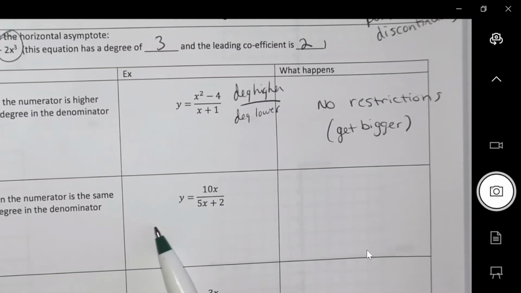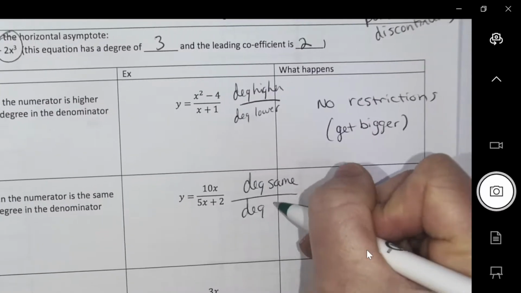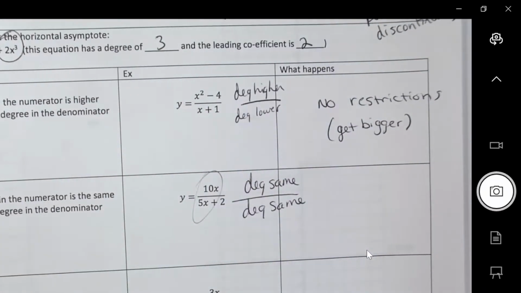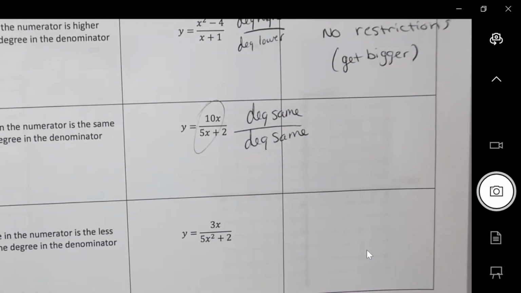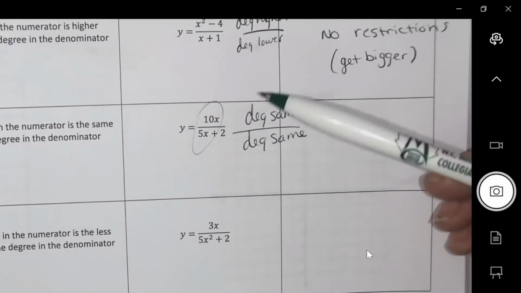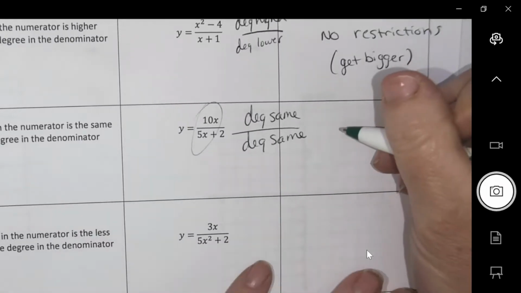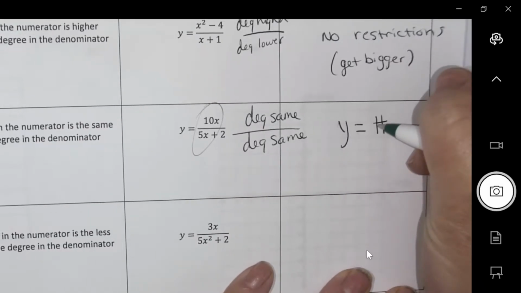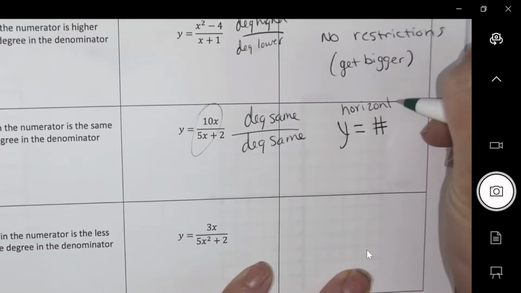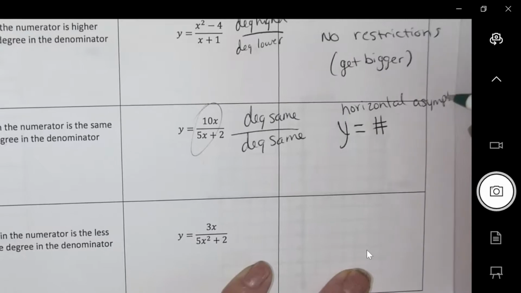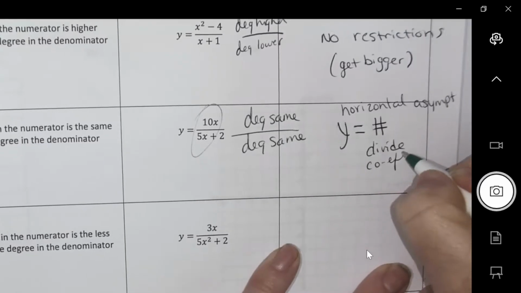Okay. Next rule. Here is a situation where my degrees are the same. So this is a degree 1 and this is a degree of 1. They're the same. Then you're going to have a horizontal asymptote at some number.